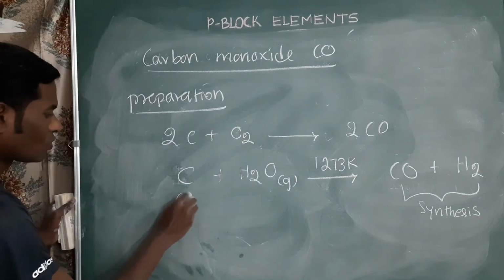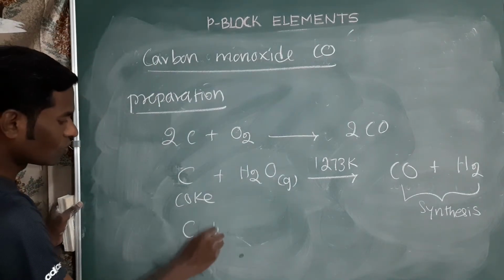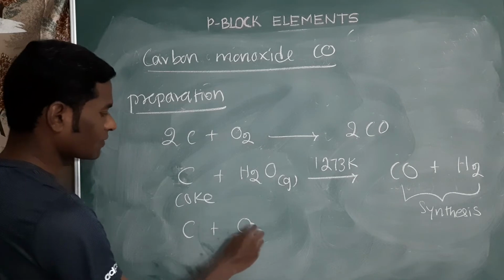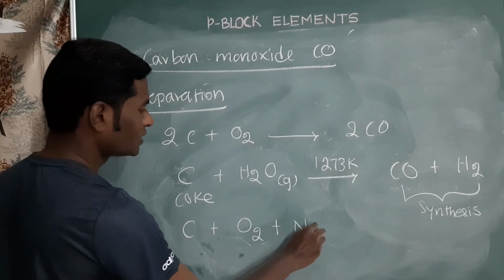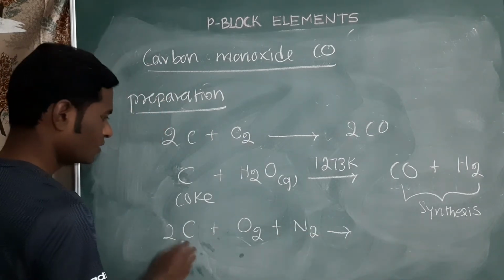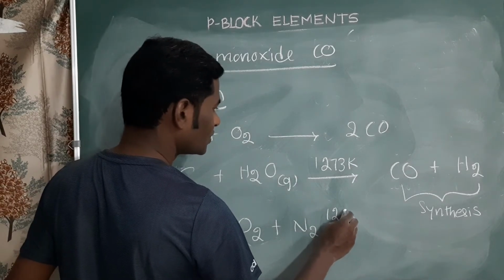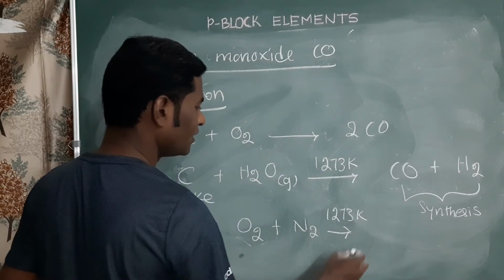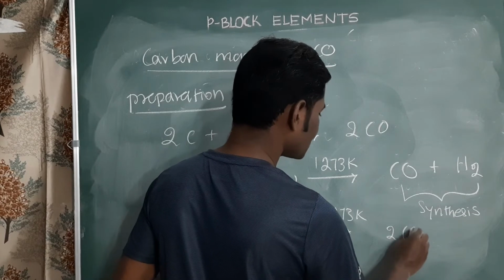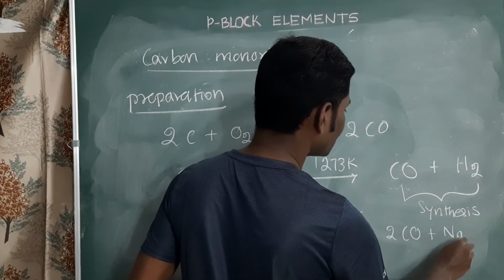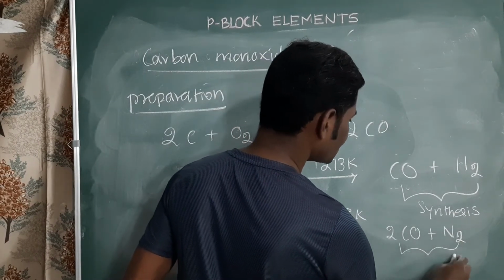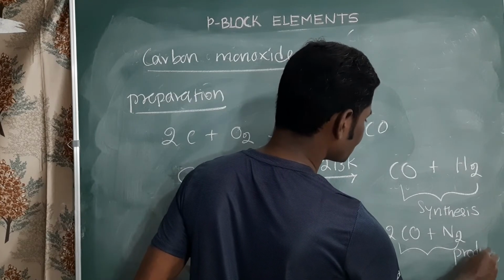When hard coke is treated with air, which contains oxygen and nitrogen, heated at 1273 Kelvin, you will get a mixture of carbon monoxide and nitrogen. This gas is called producer gas.